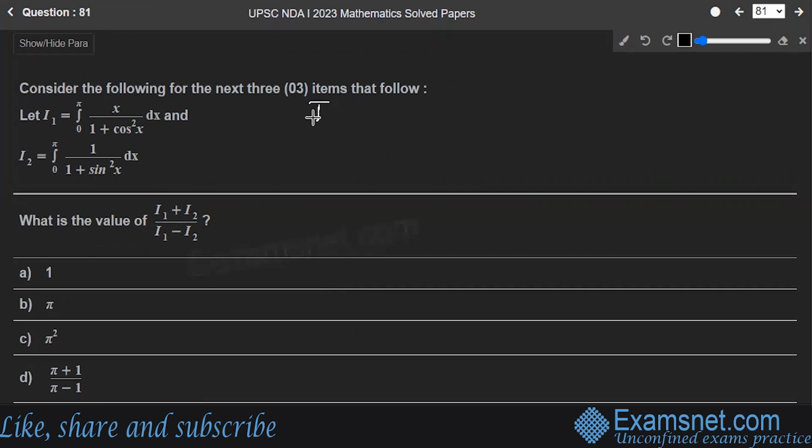I1 is the integral 0 to pi of x upon 1 plus cos square x.